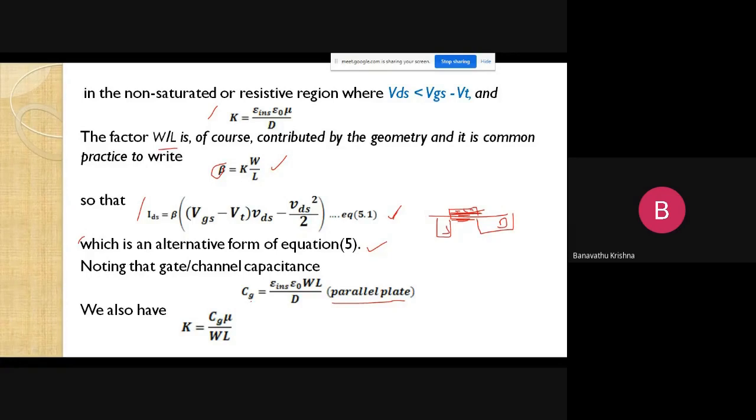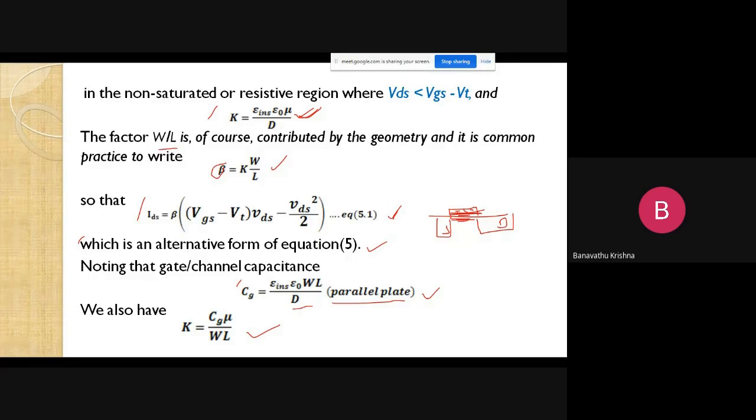The gate to channel capacitance CG is the ratio of epsilon insulation, epsilon naught, and the length of the channel, by the thickness of the dioxide. From these two parameters, K and CG, for simplification we can write K equal to Cg into mu by W. How can we write this?